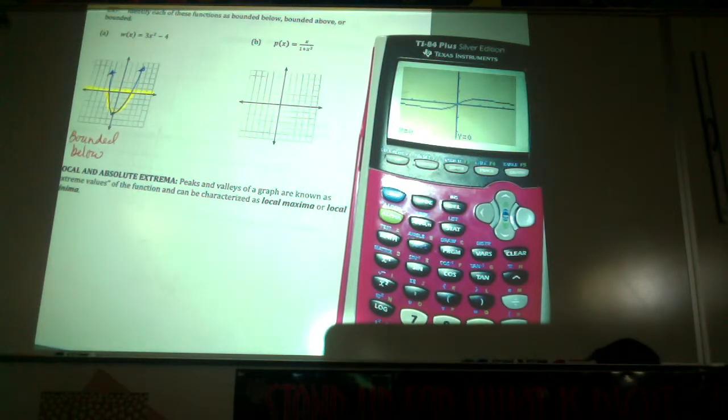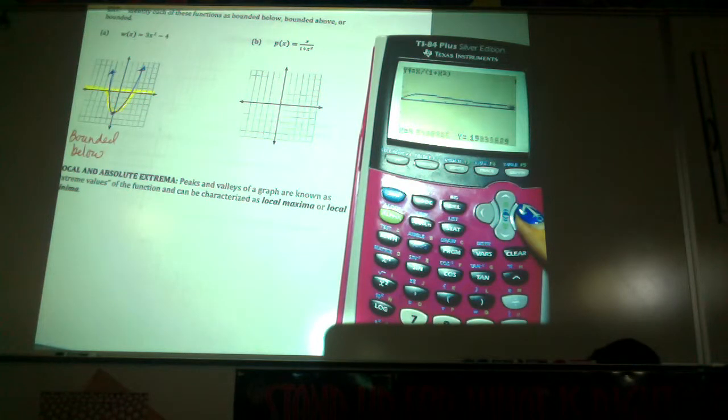So we have kind of a loop, and then isn't it coming back towards the x-axis? And if you're not quite sure, we can hit trace and we can cursor to the right and just see what's happened to the right. It's a little slow. And then what your calculator is going to do is it's just going to keep moving to the right. Am I getting closer and closer to the x-axis?